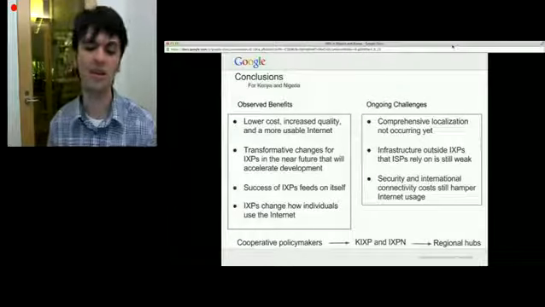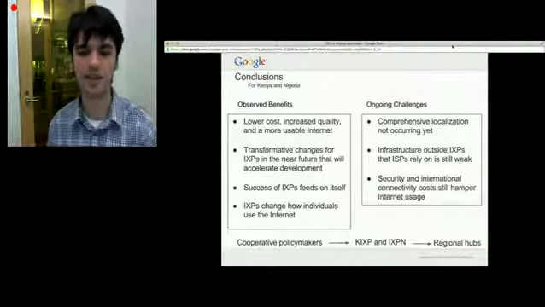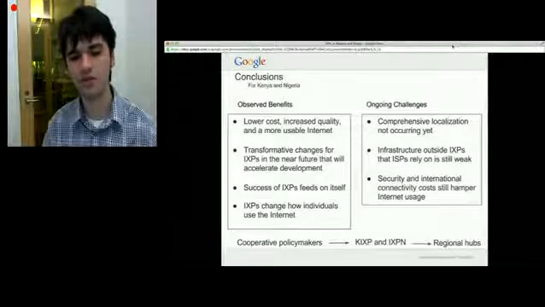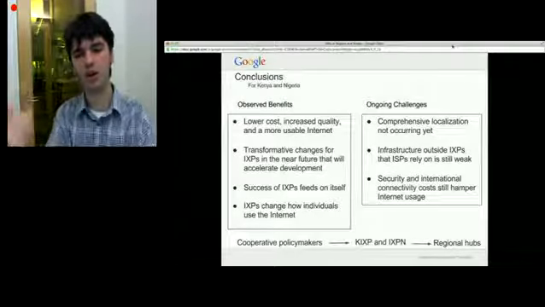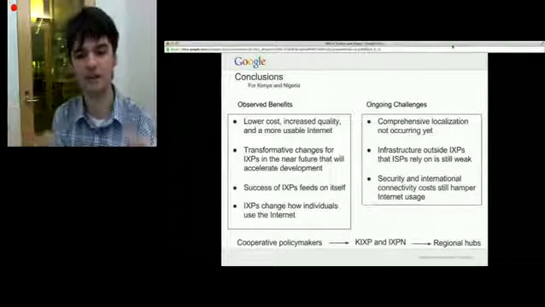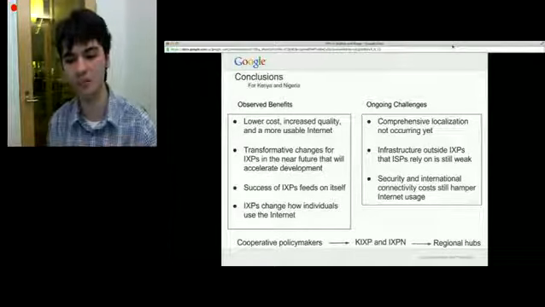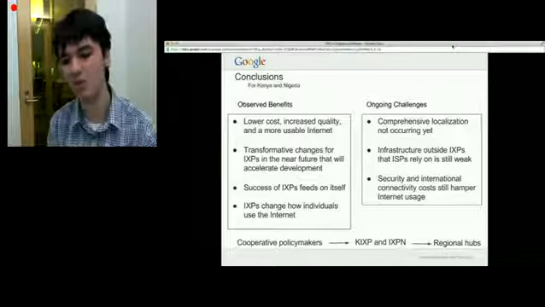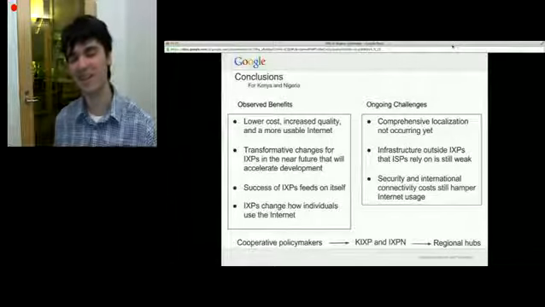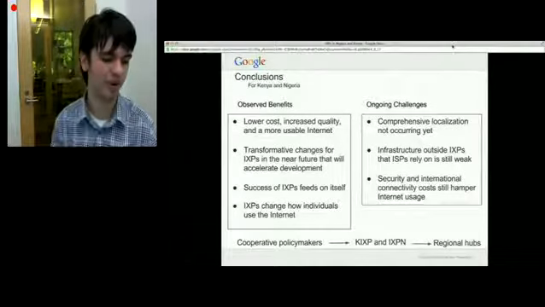As you saw in South Africa, with its IXPs, the localized data and the quality of the internet attracted all sorts of websites, all sorts of data, all sorts of usage towards Africa and Africa's internet economy. IXPs being successful really can help a country have an advantage in becoming a regional hub for the internet at large. So with that, that's the essence of what the report is really about.